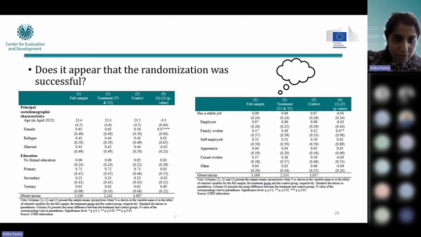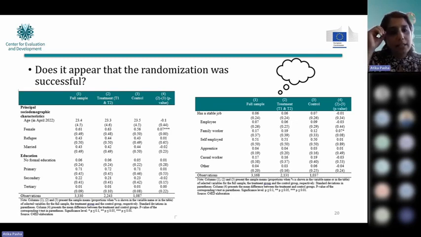I hope with this, thinking back on the initial table I was showing you, you can see that a large number of the differences that we initially had have been reduced. Our matching, or potentially our randomization, was successful in removing the differences between our two samples, which means we have a comparable sample.